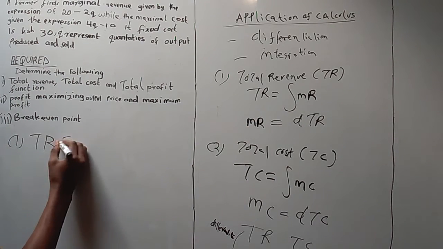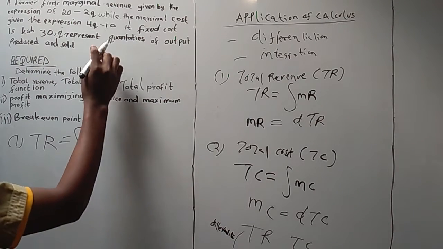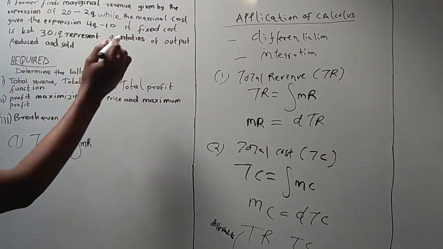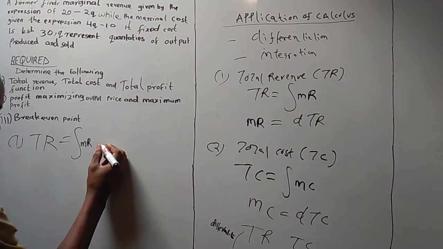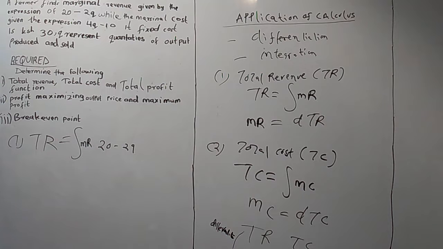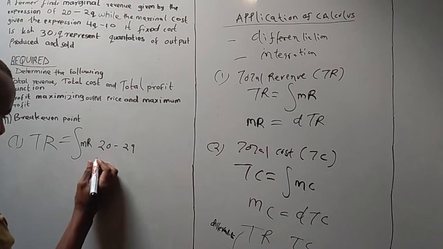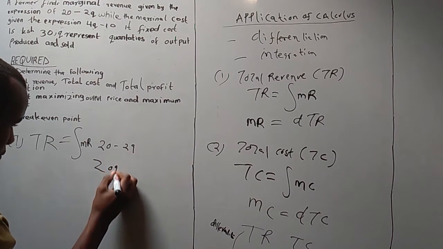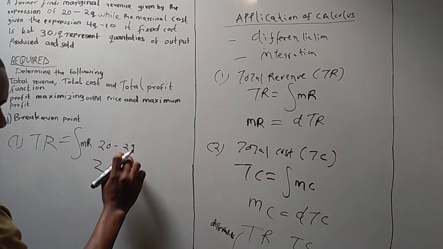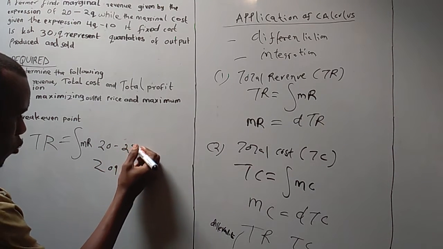The marginal revenue we have in the equation is 20 minus 2Q. Remember the rules for integration. Whenever you integrate a constant, it will have the value x. That means here we will have 20Q minus 2Q.